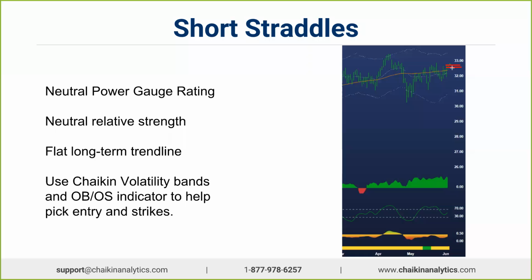And then in theory, you could buy the wings and turn it into an iron straddle, where you're short 1 call and 1 put, and then you buy a call and buy a put as a way to cap the margin requirements. That's one way of doing it. Again, that would be known as an iron straddle.